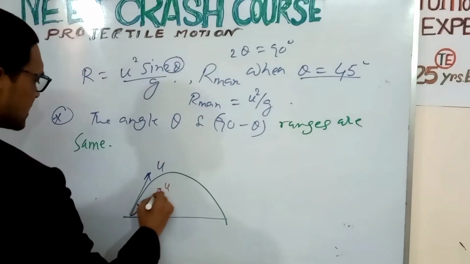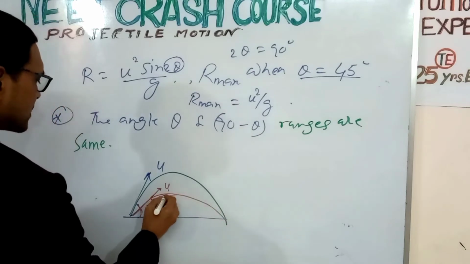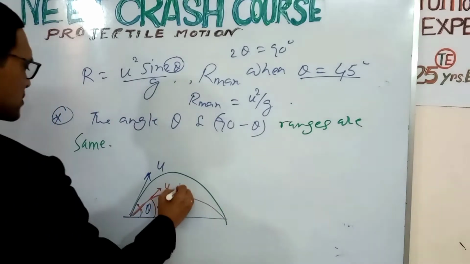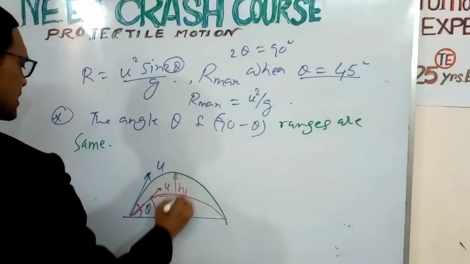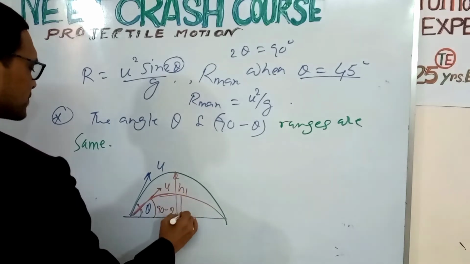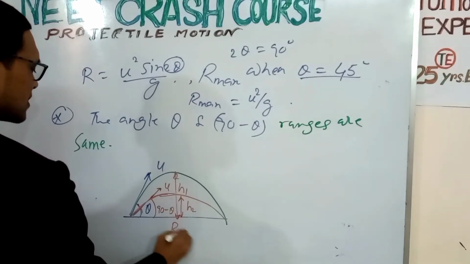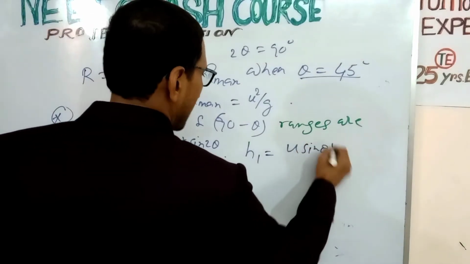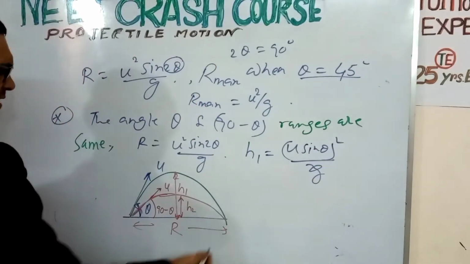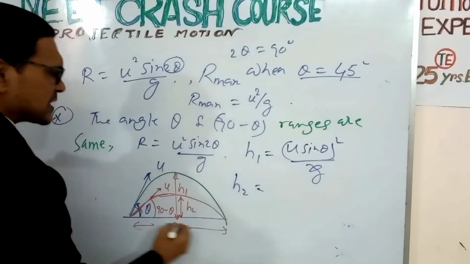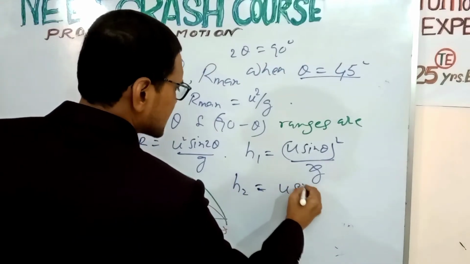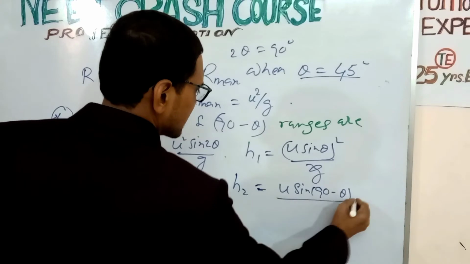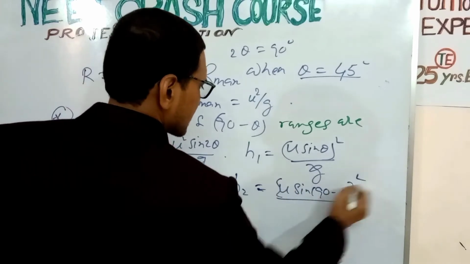Now for angle theta and 90 minus theta, the ranges are same, but the maximum height will be different. Suppose this is h1 and this is h2. The maximum height at angle theta will be u sin theta whole square by 2g, and the maximum height at 90 minus theta equal to u sin 90 minus theta whole square by 2g.